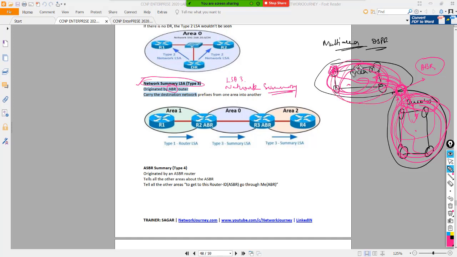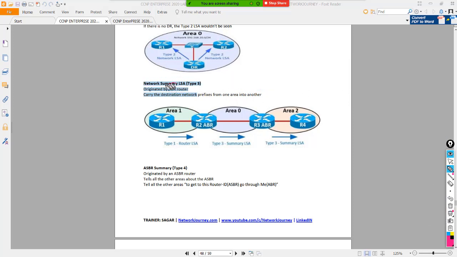In a similar way, whatever you have configured under area 0 is now getting advertised inside area 40. So your ABR is summarizing. It's trying to have consistent routing, so that both the areas can communicate with each other.